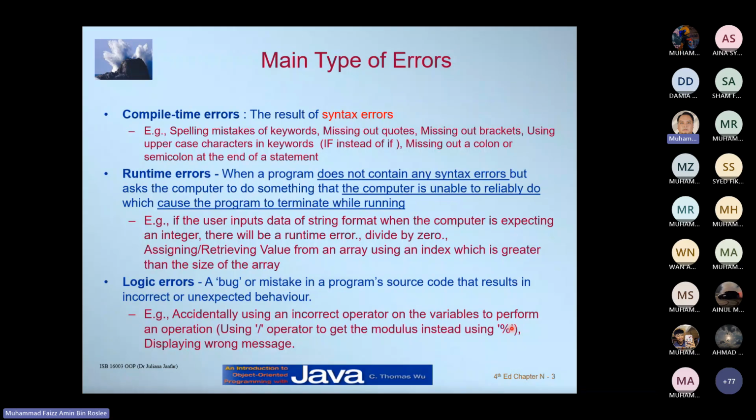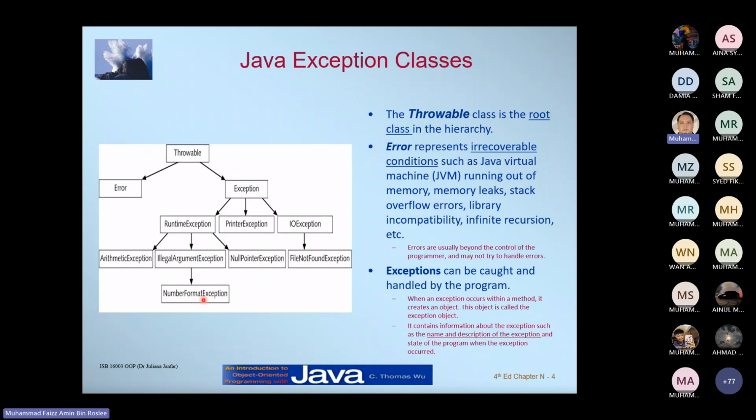You put in all the numbers, but the formula in the program is not correct, so it will return a wrong result. That is what we call a logic error, or in the software development industry, we call it a bug in your program.